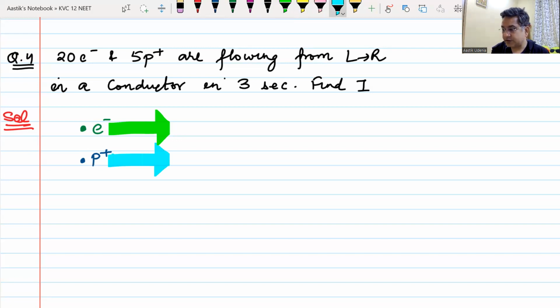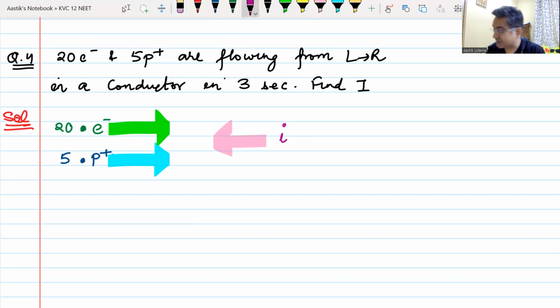First of all, tell me what would be the direction of current? Remember, 20 electrons are flowing and 5 protons are flowing. Will it be from left to right or from right to left? Right to left, sir. So that will be the direction of current.